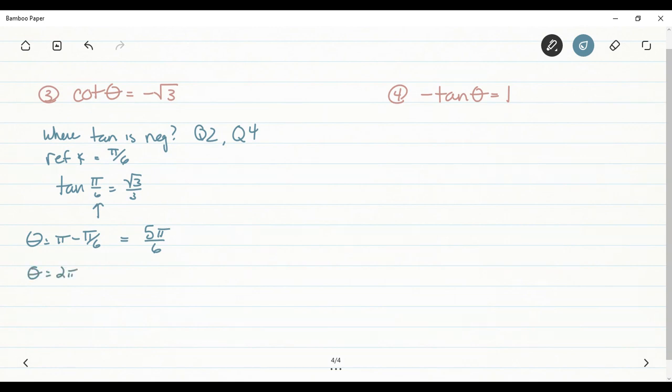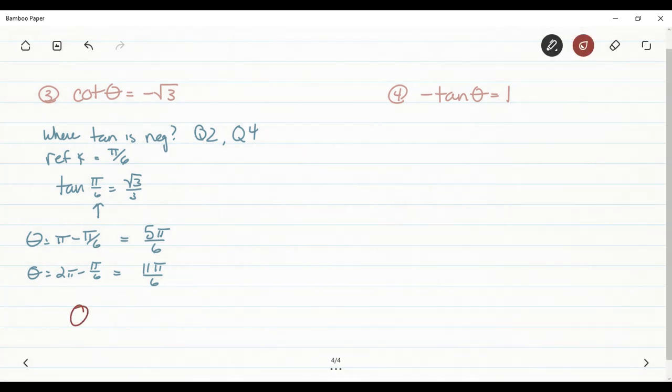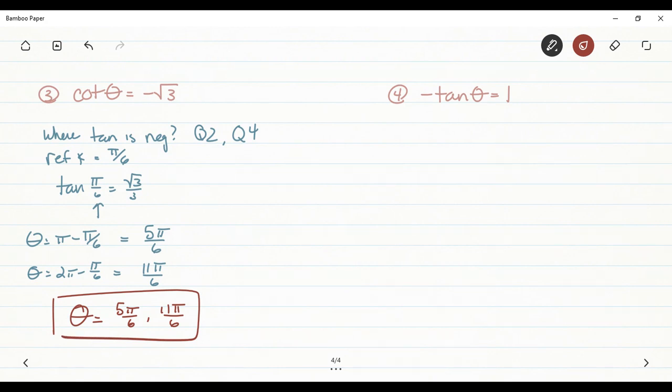So we take 2 pi, subtract our reference angle, and we end up with, again, 11 pi over 6. So our angles for tangent, or cotangent, I mean, are going to be 5 pi over 6 and 11 pi over 6. Okay, so in this third example, just adding and subtracting pi or 2 pi is another option to get your angles.